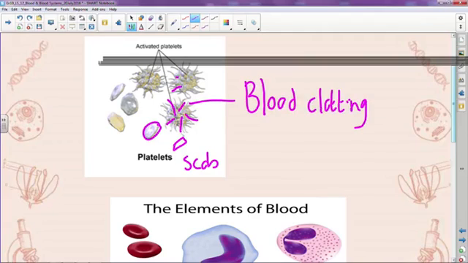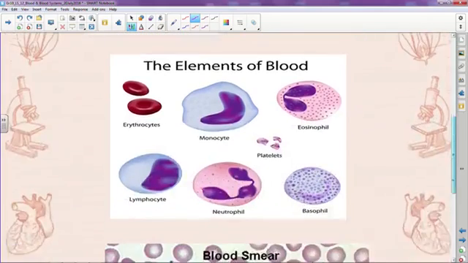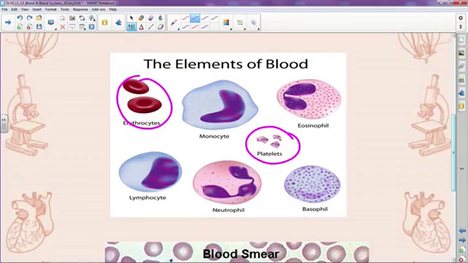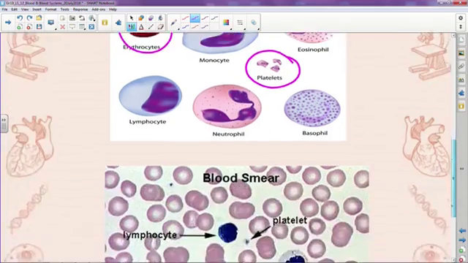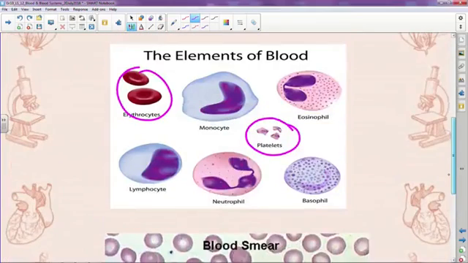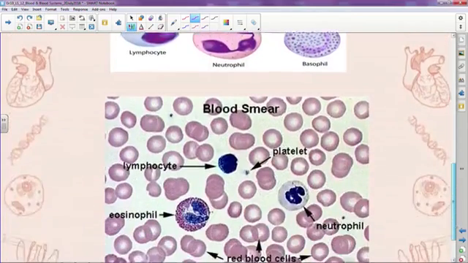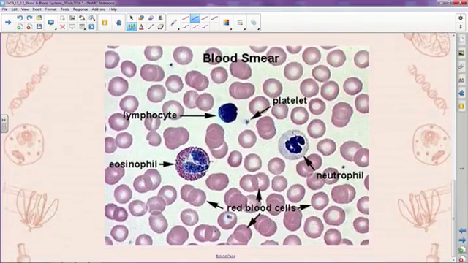Now guys, when it comes to the tissue, I've put two diagrams here. When you see a diagram, the first thing you need to do is differentiate which is the white, which is the red, and which are the platelets, and you might get either diagram, whether it is a schematic diagram or a blood smear, where it's not as obvious.